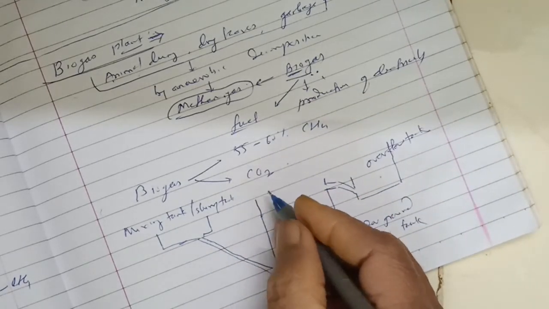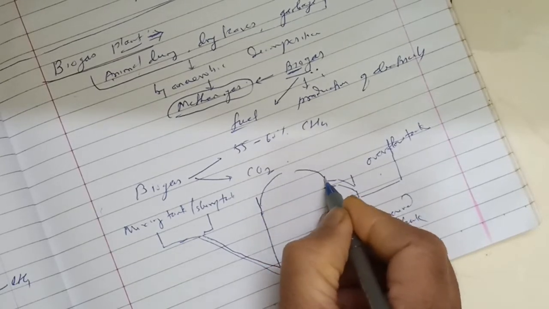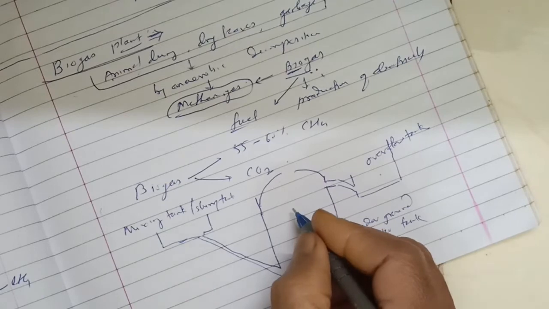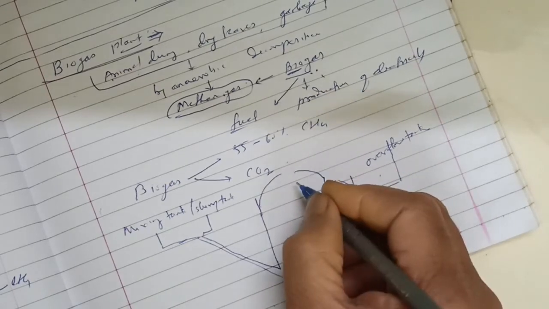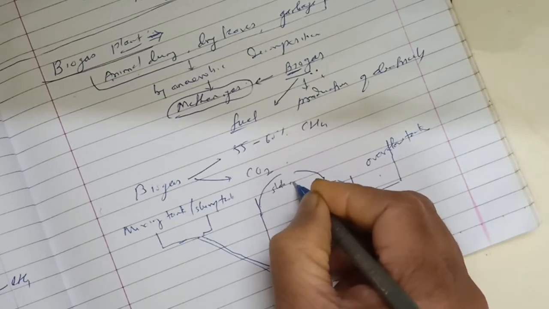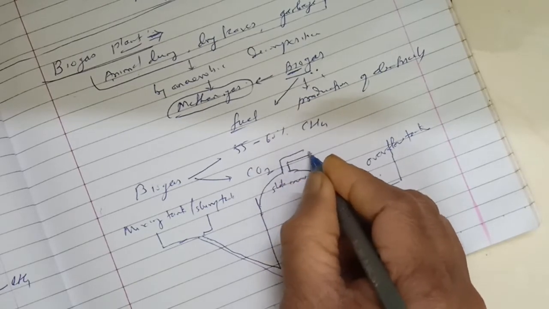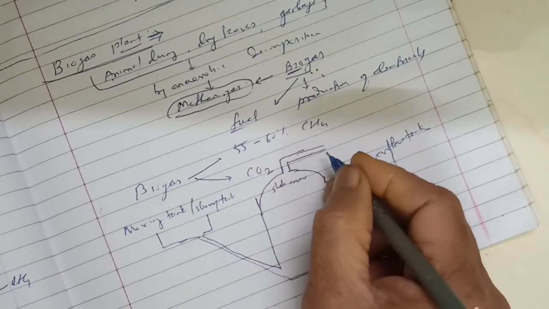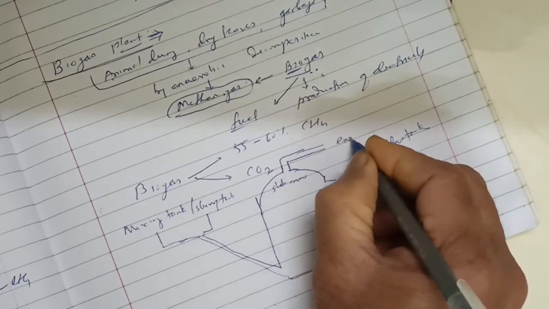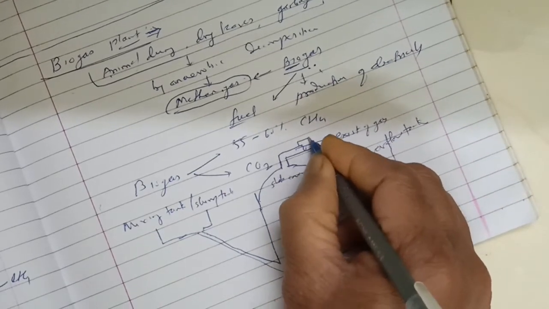Then the digester is covered with a dome-shaped slab cover. This cover is connected with a pipe, through which the gas is supplied wherever we want. This is called the exit of gas.